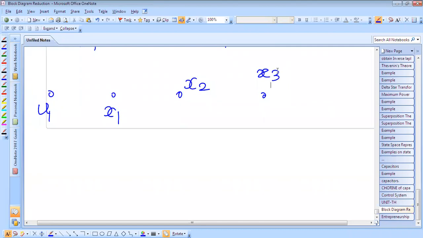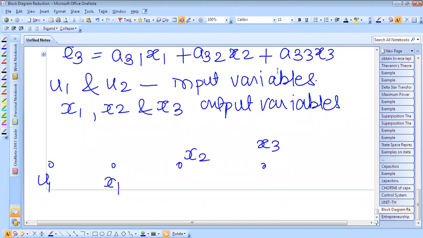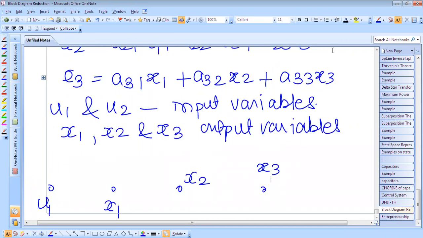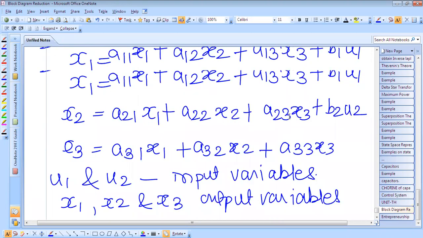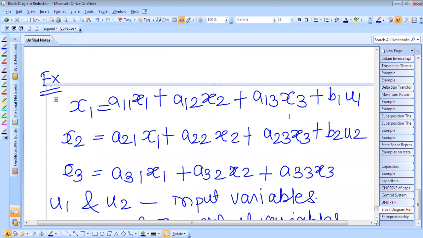These are the variables, and the input variable is u1. To this x1, one signal is coming starting from x1 itself. Another is coming from x2, that is a12, and to this x1 another signal is coming, that is a13, and one more signal is coming, b1.